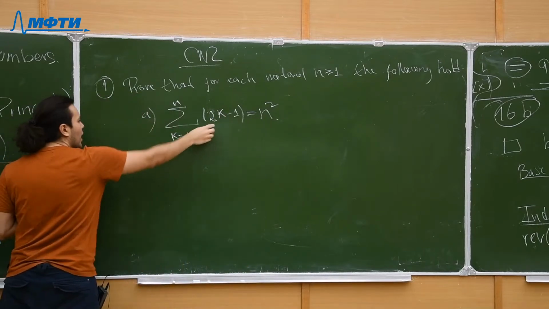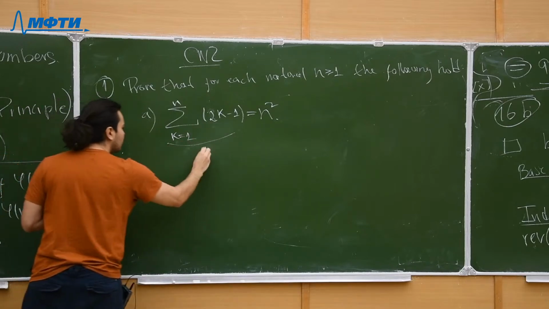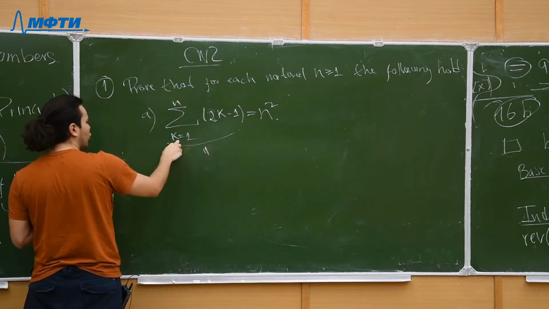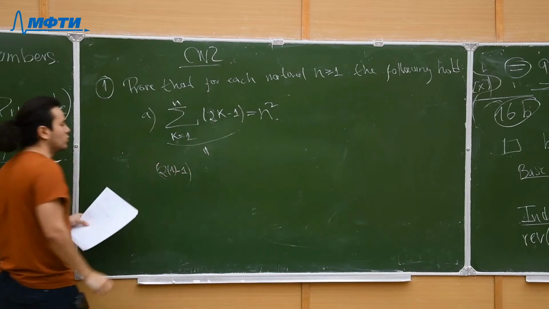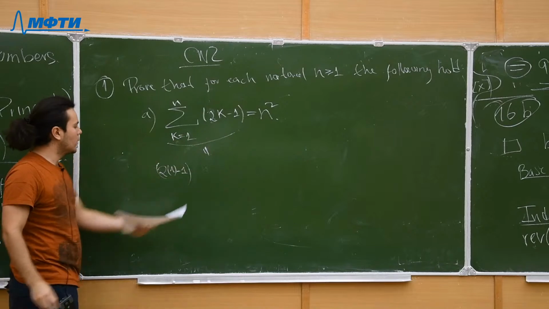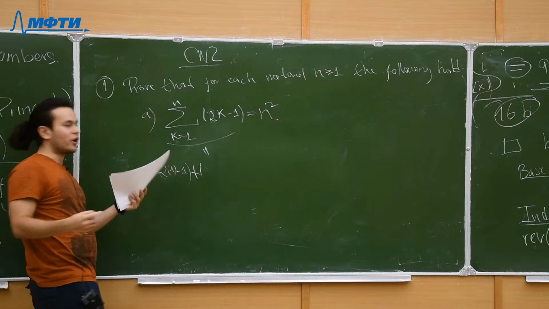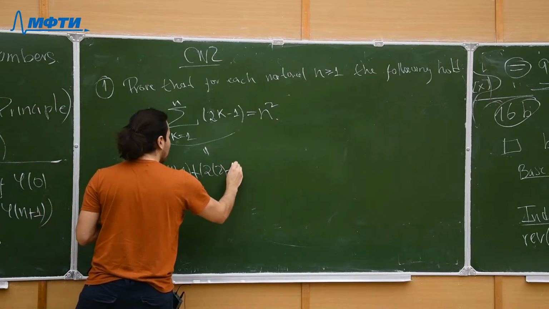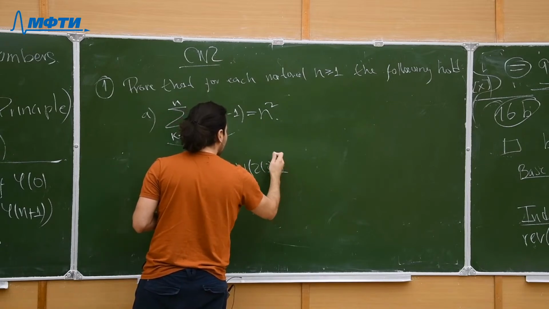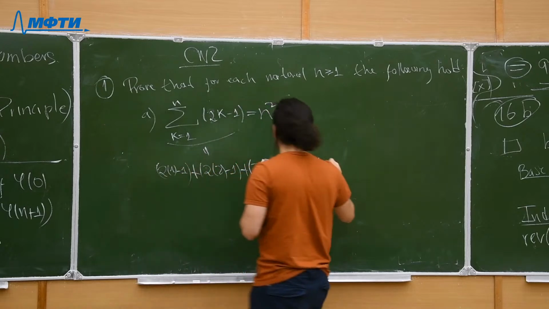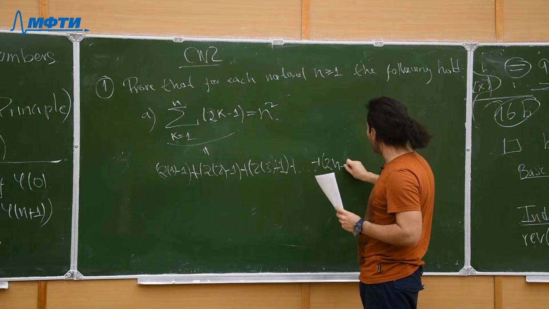So for k=1, it will be 2 multiplied by 1 minus 1, plus for k=2, 2 multiplied by 2 minus 1, plus 2 multiplied by 3 minus 1, plus so on until n, plus 2n minus 1.